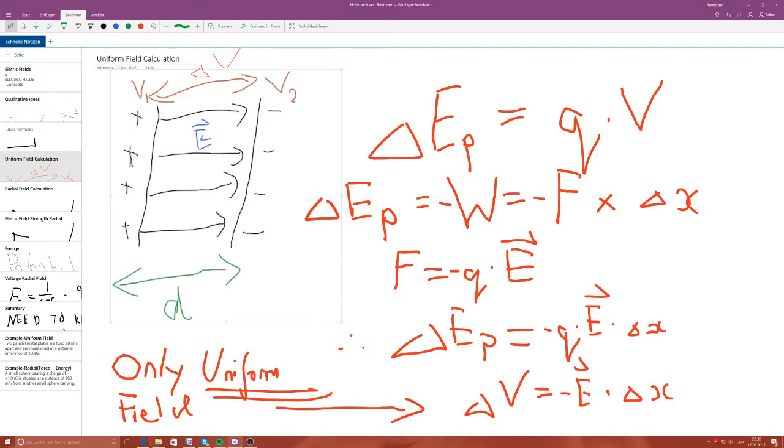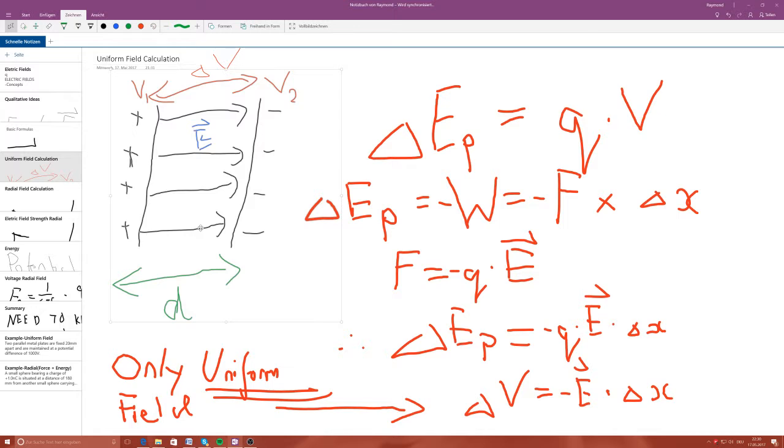And this voltage difference is then the potential that you could measure on the capacitor. Now, we also have a certain distance between the plates, and we have the electric field strength that is uniform between the 2 plates. So we have these 3 components, and we want to somehow combine them into an equation that we can use only for uniform fields.